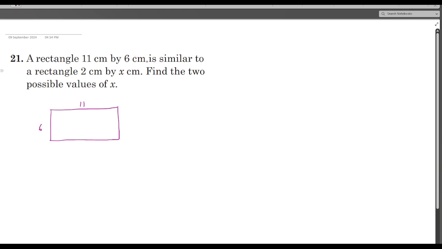A rectangle 11 by 6 is similar to rectangle 2 by x. So there is another rectangle whose one dimension is 2, the other dimension we don't know, 2 by x. So this x we can find out. Find the two possible values of x.